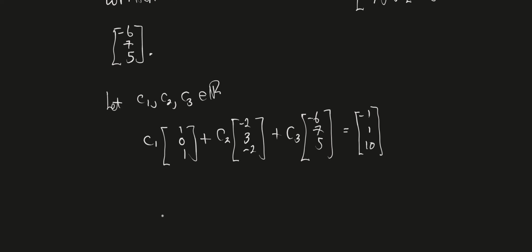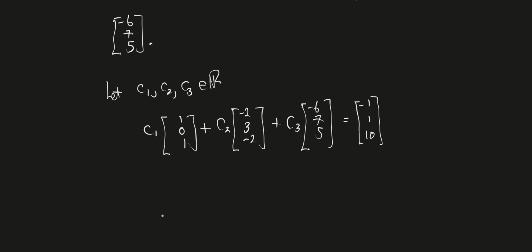Well, what we do is we turn this back into a linear system, right? And again, this is how it would work. So let's say we perform the operations on the left. If I distribute the c1, the first column becomes c1, 0, c1. If I distribute the c2, the second column becomes -2c2, 3c2, -2c2.